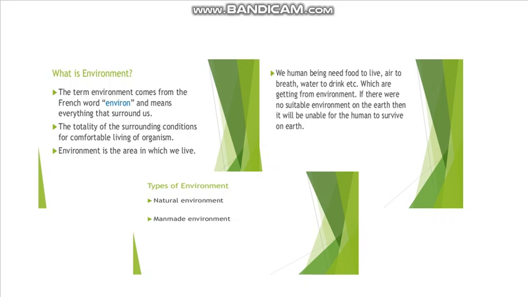So students, what is environment actually? Everything on the earth, either living or non-living. The non-living part of the earth is made up of rock, soil, water, air and sunlight. The living part is made up of plants and animals.